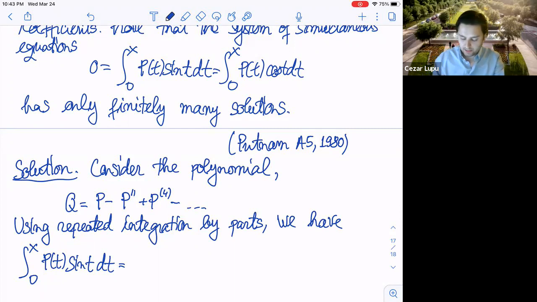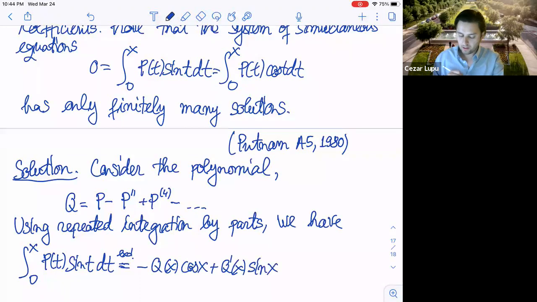Then this will be, and I'll just leave it to you to check this as an exercise, something like this. It will be negative q of x times cosine of x plus q prime of x times sine of x, plus q of 0. And we know that this guy is 0. Great.